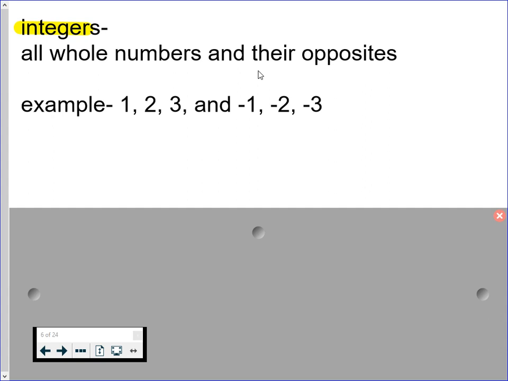Whole numbers, 1, 2, 3, 20, 27, 52. Their opposites, -1, -2, -3, -27, -52. All of those are integers. Pause when you need to write in your notes.